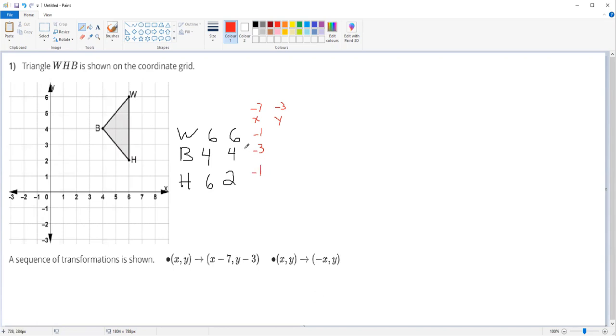My new Y coordinates: 6 minus 3, that's not right, 6 minus 3 is 3. 4 minus 3 is 1. And then 2 minus 3 is negative 1. So those are my 3 points.